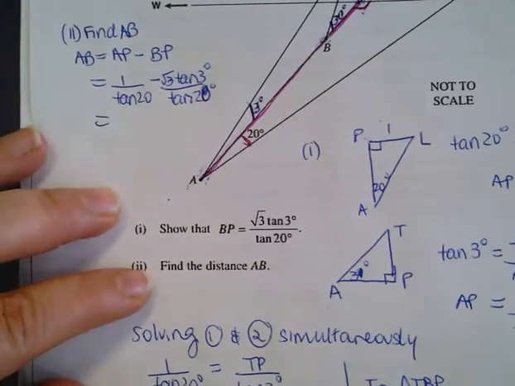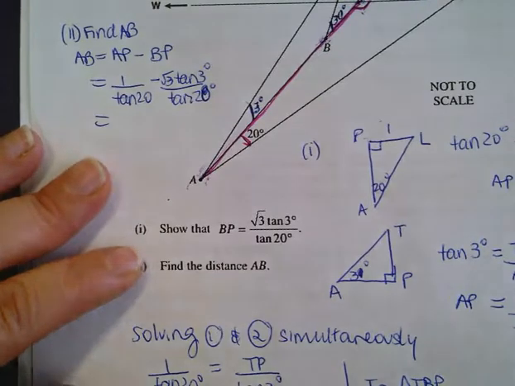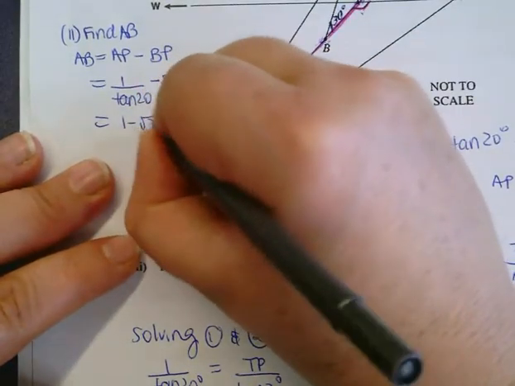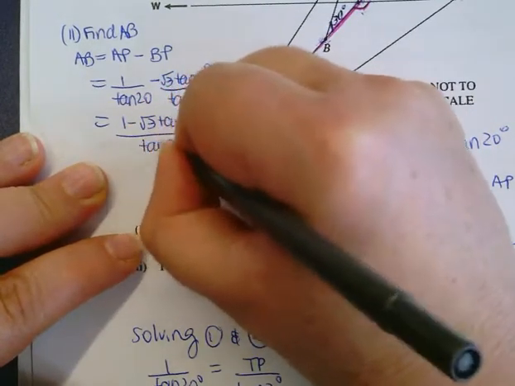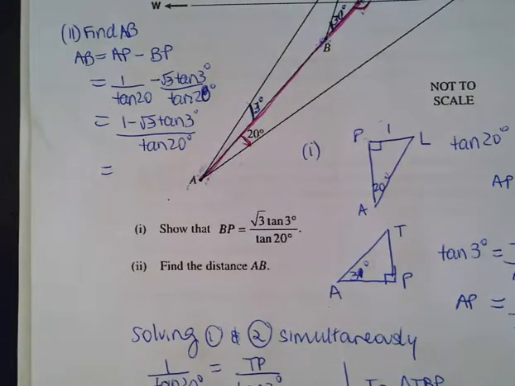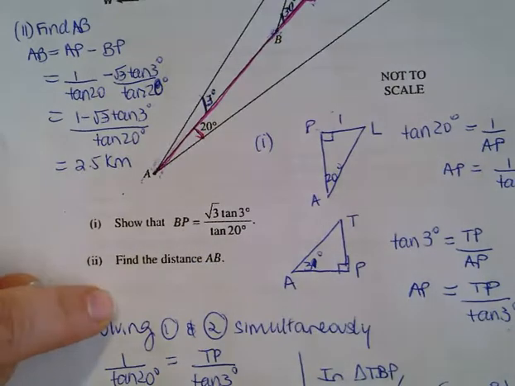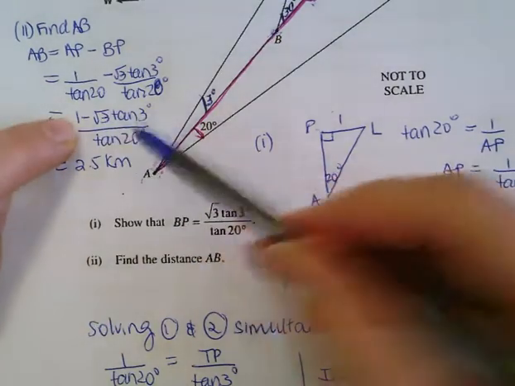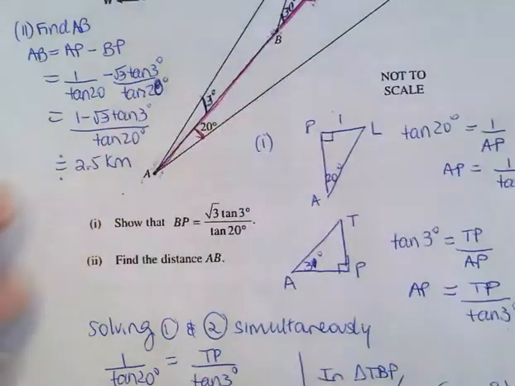So basically it's 1 minus root 3 tan 3 over tan 20. I can write it with a common denominator, 1 minus root 3 tan 3 degrees over tan of 20 degrees, and that gives you your expression for AB. That's the exact answer, as long as you've written it. If you then proceed to work it out, that's fine, but just make sure you've got an exact answer there somewhere. So that's approximately 2.5 kilometres.